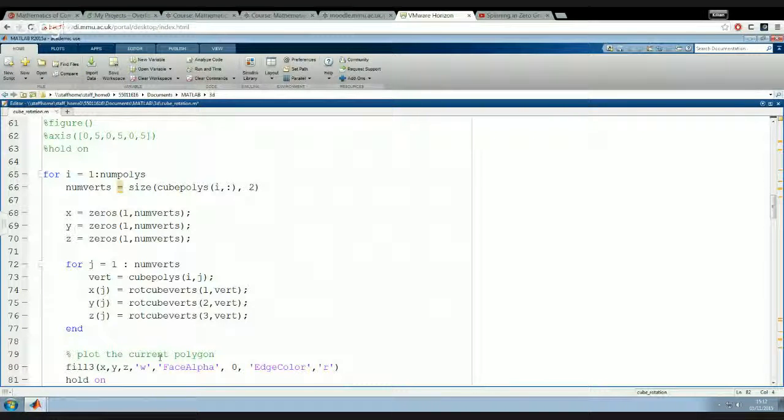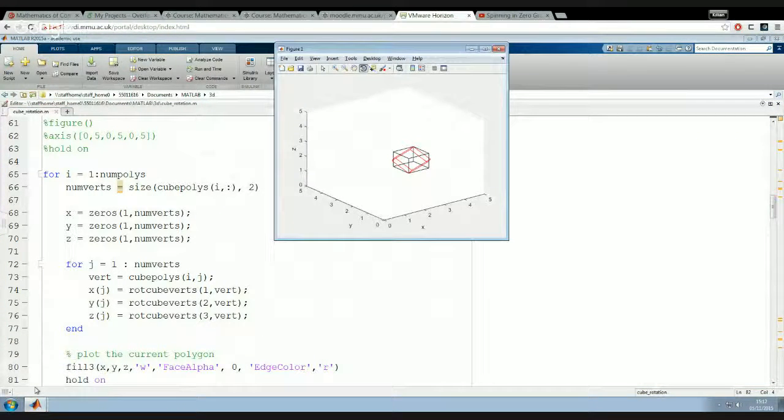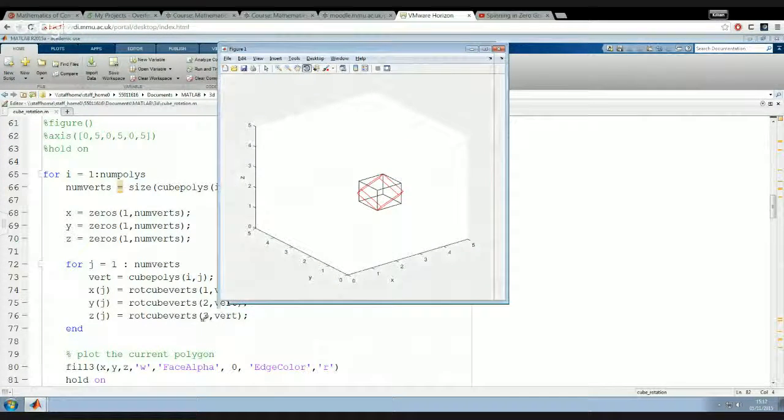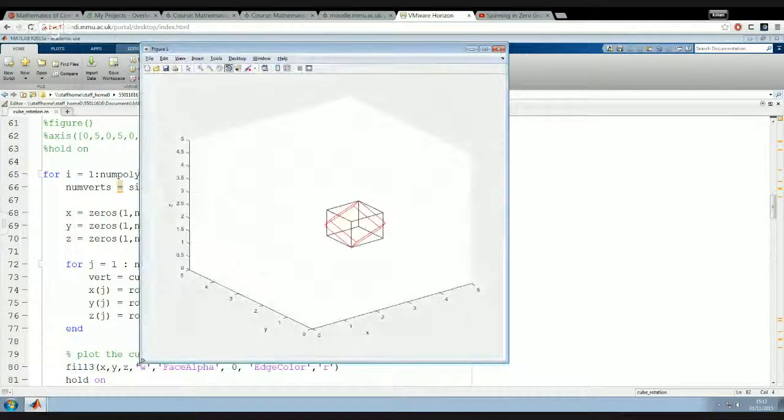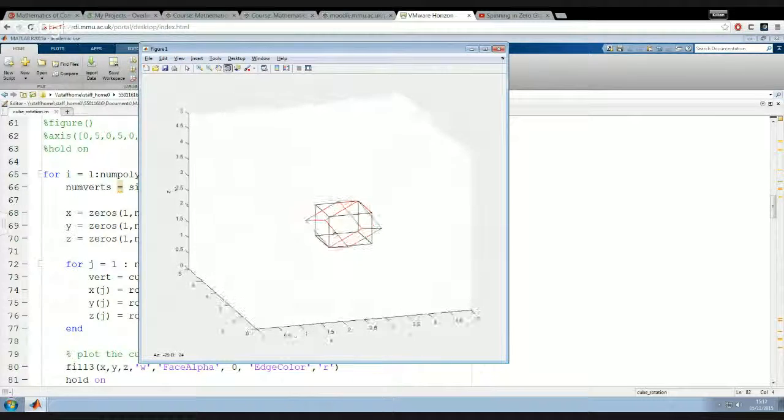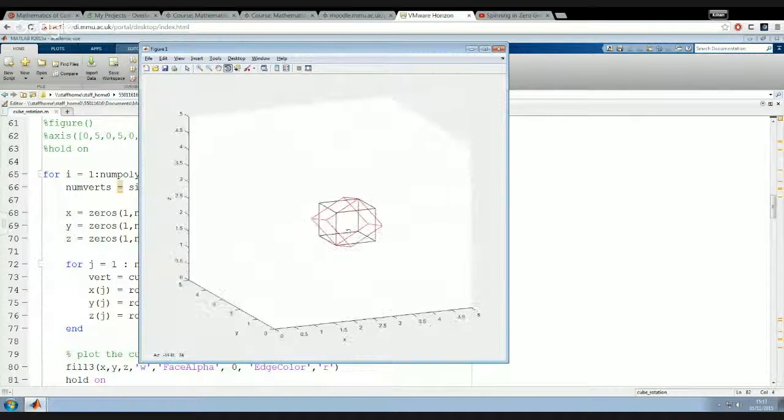So when I run this now, I press it. So that looks correct. Yeah. You can see the original cube in black. And there's the rotated cube red.